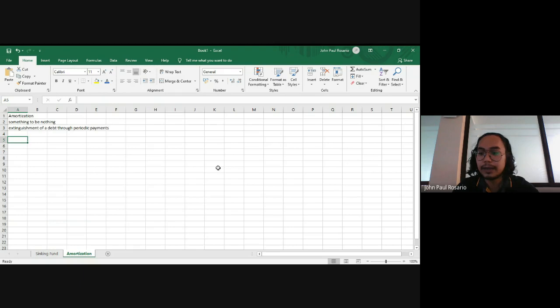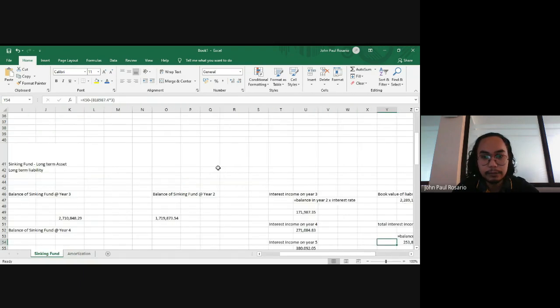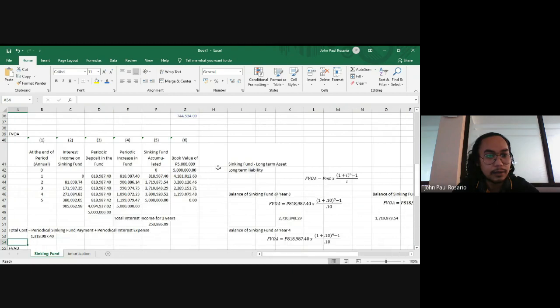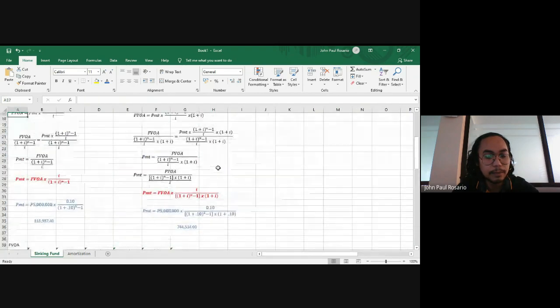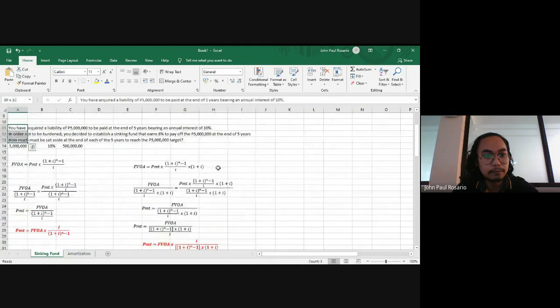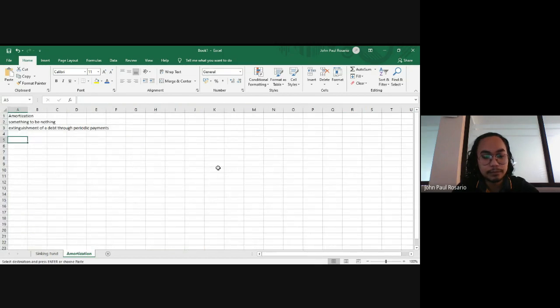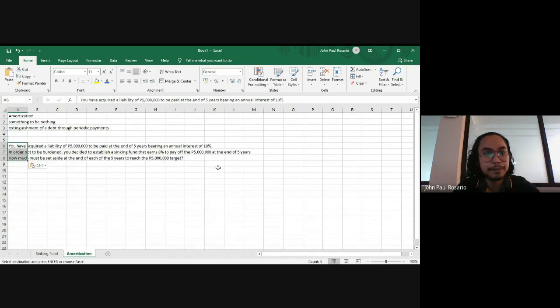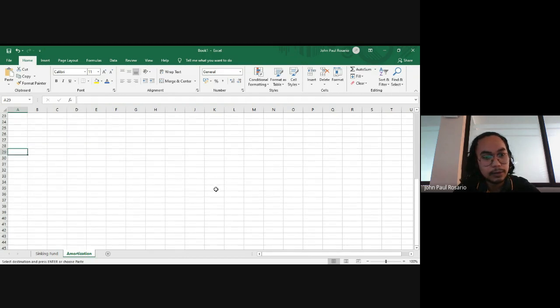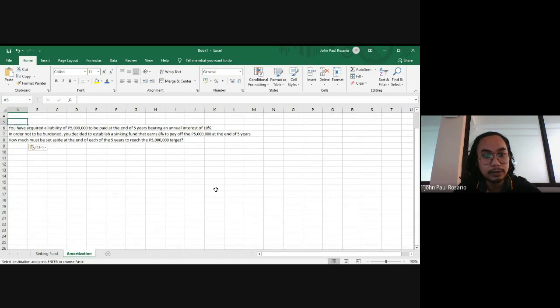So let's recall our example for sinking fund. So here's the thing. In order not to be burdened, you have required 5 million pesos. If this is the case, let's just compare this case to amortization.